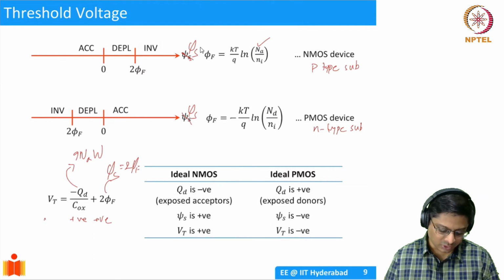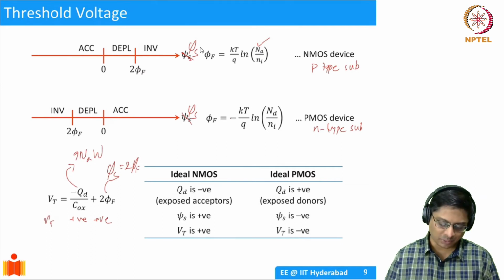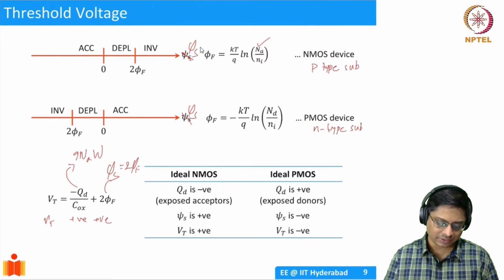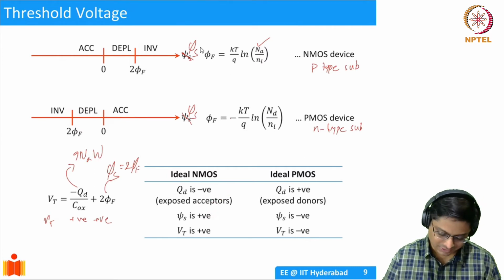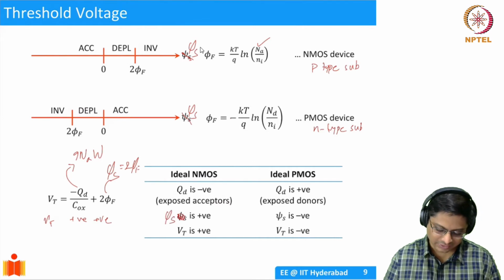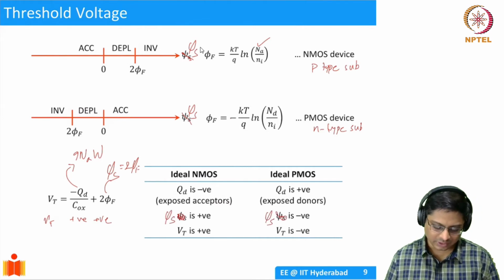So the total VT is going to be positive for an NMOS device. That's why we wrote QD is negative. Read this as phi s. Phi s is positive and VT is positive.